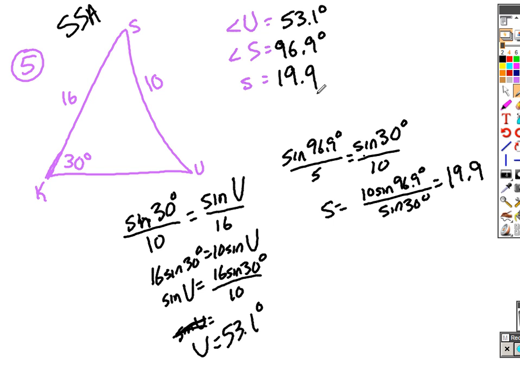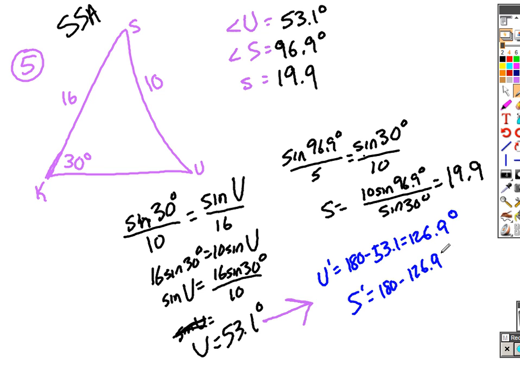19.9. Now again, let's check. Do we have a second possible triangle? This is the first angle we found. That's the one I need to check. When I check it, my possible u prime would be 180 minus 53.1, which would equal 126.9 degrees. That would mean that s prime, if this was a real triangle, would be 180 minus u prime, so minus 126.9, minus my original angle of 30.